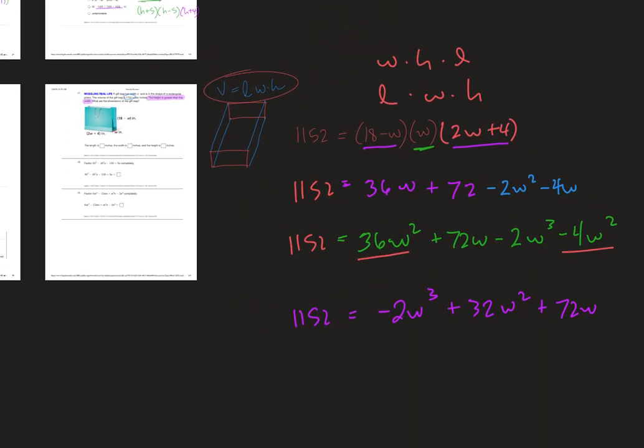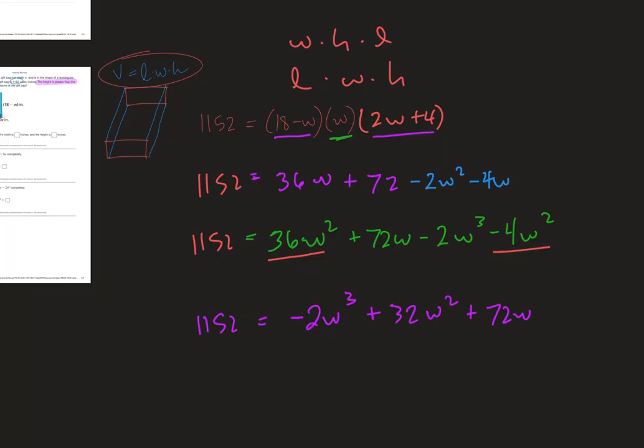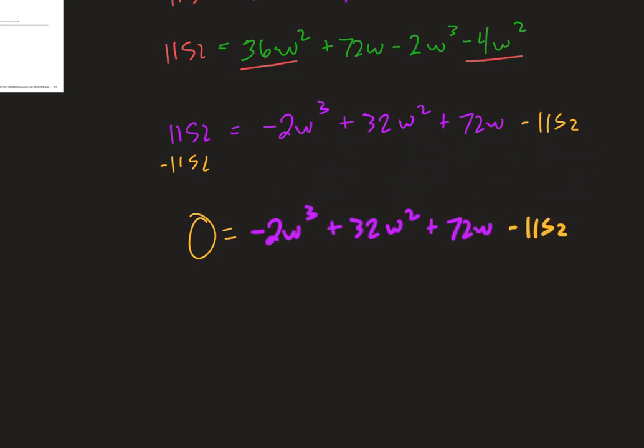Now, let's just make sure I haven't done anything wrong here, because having that negative is making me go, that feels bad. 18 and 2, that's that. 18 and 4 is that. Negative, that is that. Negative. Okay, we're good, I think. Let's keep going. We want it to equal 0, so we're going to subtract 1152. Cool. 0 equals, I don't feel like rewriting it, so iPad magic. There we go. Thanks.